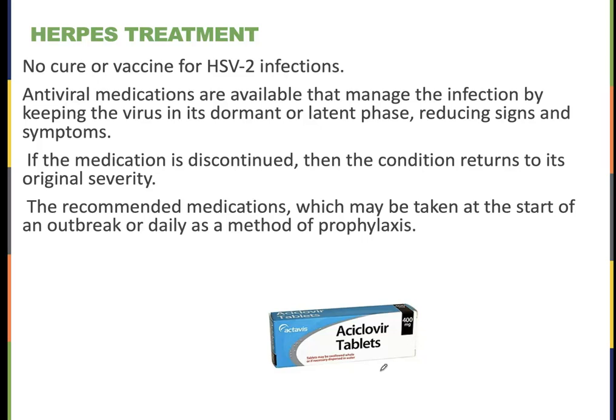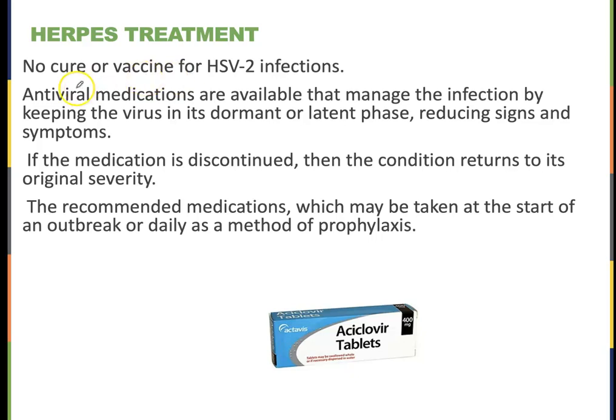So for treatment, there's no cure or vaccine for herpes viruses. All herpes viruses, we talked about chickenpox, they are always latent. That's the thing about herpes viruses, is that there's no cure, and right now there's no vaccine for these infections.